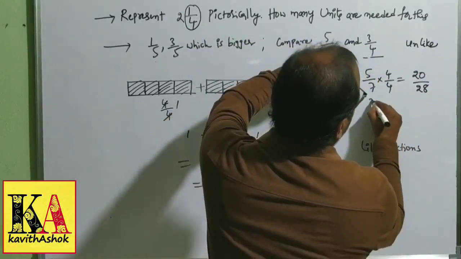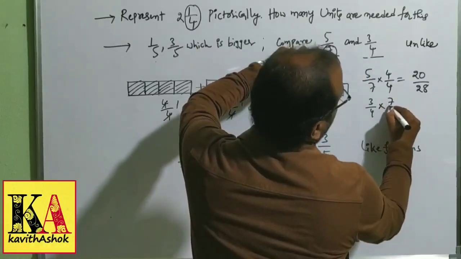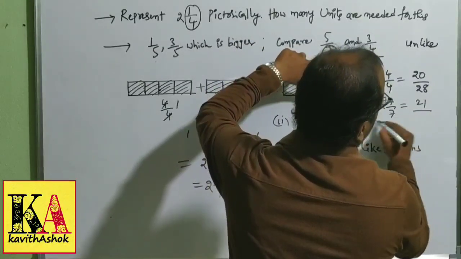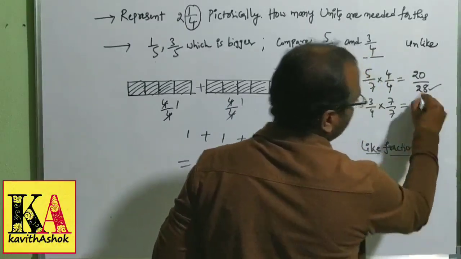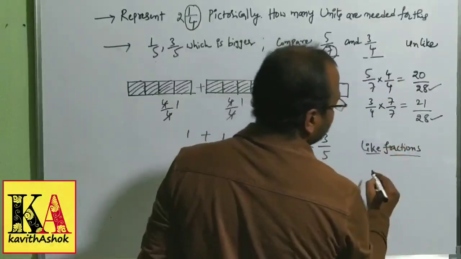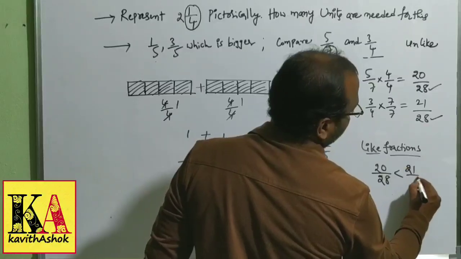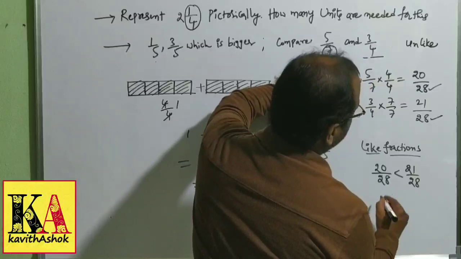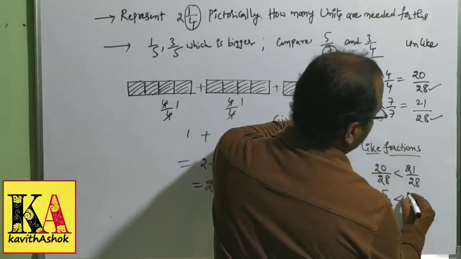Next, take 3 by 4. Multiply and divide with the denominator 7. Now 3 7s are 21, 4 7s are 28. Look here now, 28, 28. Now these two become like fractions. So easily we can say that 20 by 28 is less than 21 by 28. 20 by 28 is nothing but 5 by 7, and this is less than 21 by 28, which is nothing but 3 by 4.